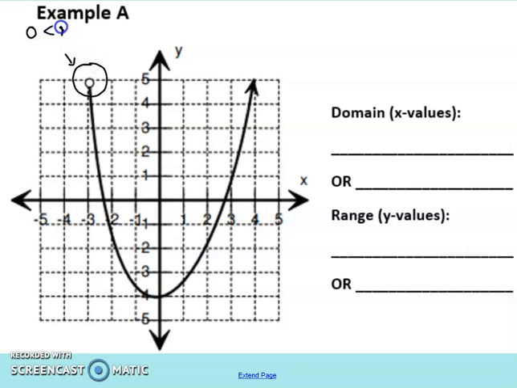This is not included. That's why it's less than, not or equal to, okay? Watch for that. If we have a closed dot here, that would make it or equal to because it is included. Okay, so you have to watch out.